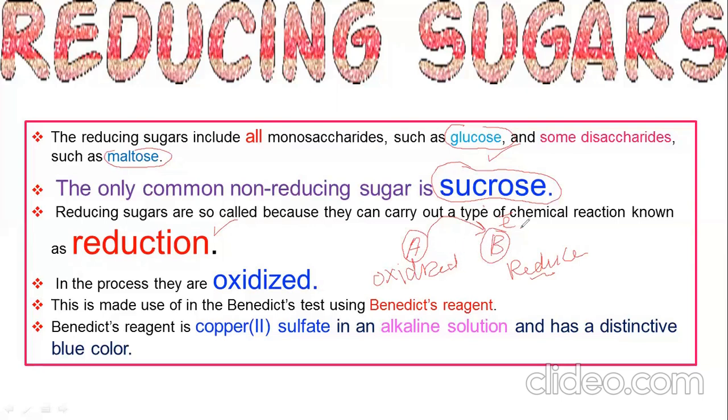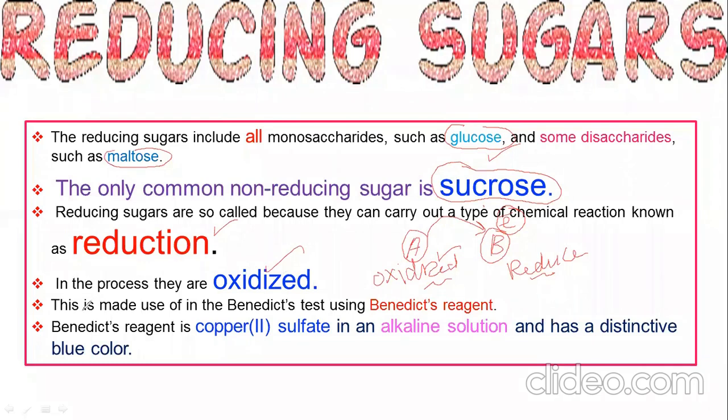By B. So B becomes reduced, gaining electrons. While A becomes oxidized. Am I clear? So in this process, the sugar will give electrons, so that sugar will become what? Oxidized.